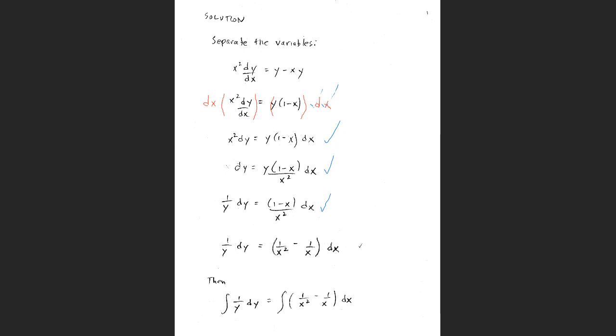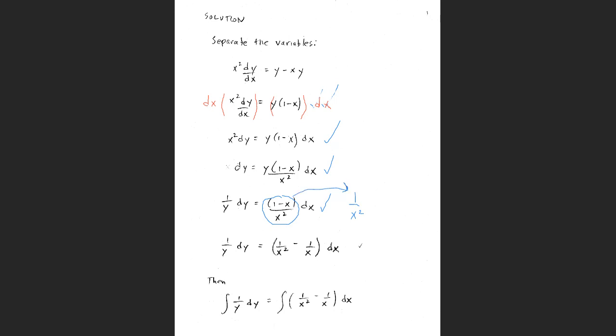Okay, excellent. All right. On the right side, I'm going to rewrite the (1 minus x) over x squared. I'm going to write that as 1 over x squared minus 1 over x. So what I did was I took 1 over x squared, I split this fraction.